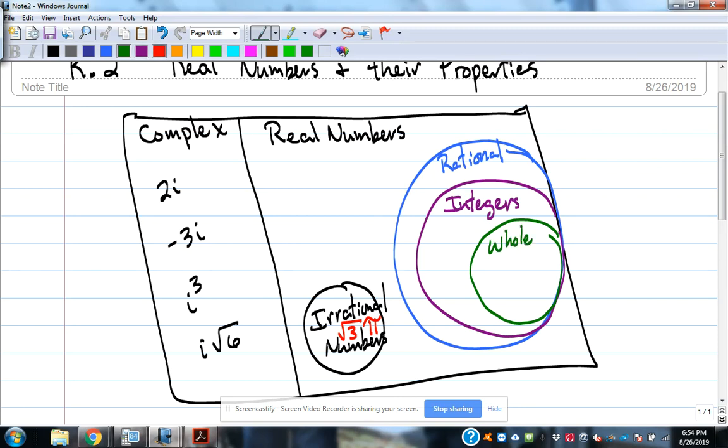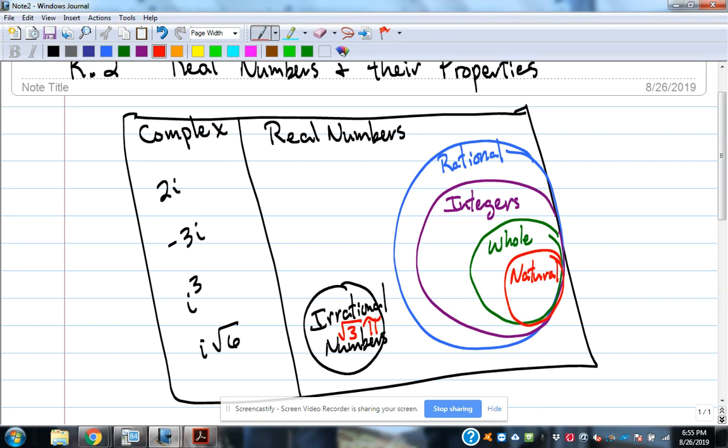And inside of the whole numbers is another smaller bucket, where the natural numbers that we've already worked with live. Remember what the natural numbers are? 1, 2, 3, the counting numbers, the things we learned counting. So they're set inside of this bucket, and the natural numbers are also whole numbers.